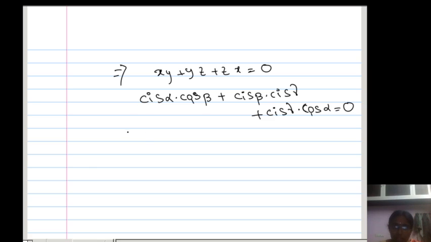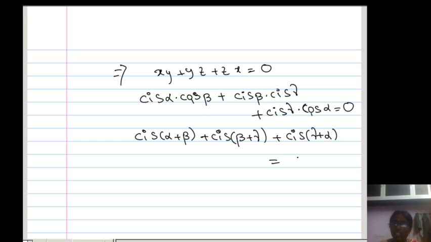But you know that cis alpha into cis beta can be written as cis of alpha plus beta. Next, cis of beta plus gamma, plus cis of gamma plus alpha is equal to 0.